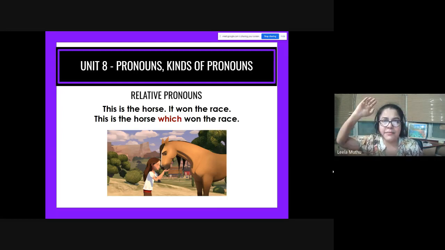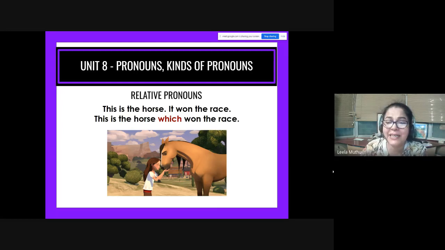Remove it. I told you that the pronouns in the second half of the sentence should not be used again. So this is the horse which won the race. So simple, right? You have replaced it with a relative pronoun, which, and you have stitched the two sentences together perfectly.